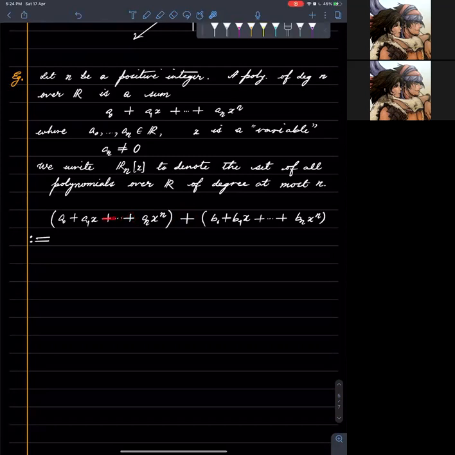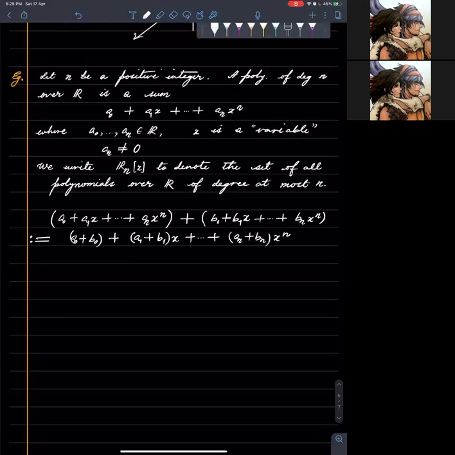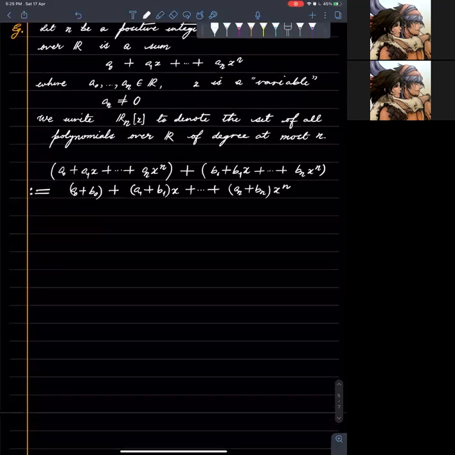These are anyway just formal additions, and we are defining another one by collecting the coefficients. It's really just the coordinate-wise addition in disguise. We define addition like this, and we define scaling as you would expect.